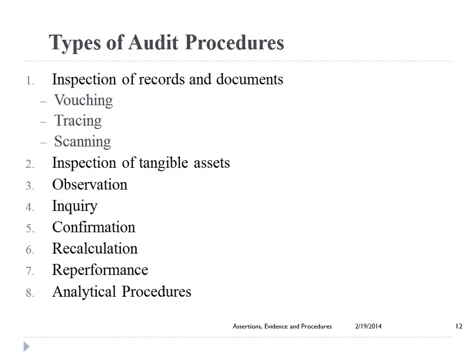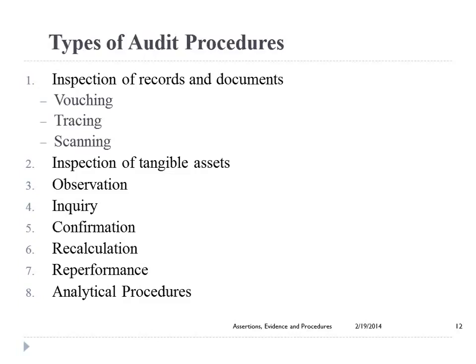And analytical procedures are basically ratio analysis, looking at year 1 to year 2, comparing it, looking at relationships in accounts. 2 points I want to make about analytical procedures. Analytical procedures can be performed throughout the phases of an audit.